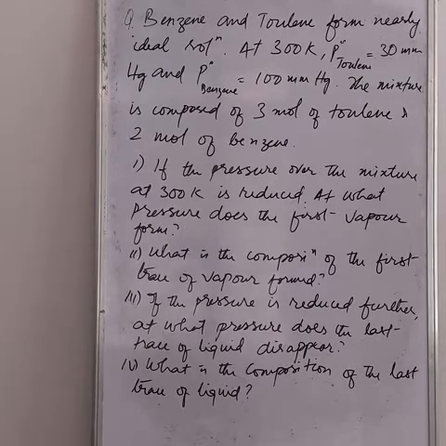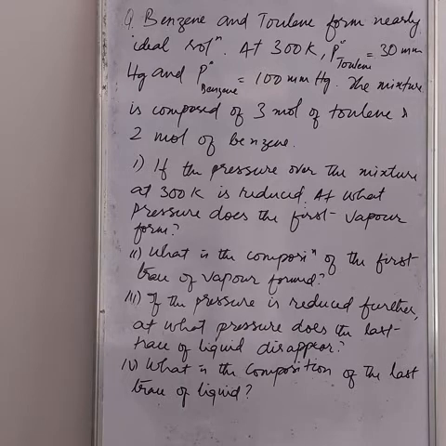Okay, here is a question on a miscible solution. Benzene and toluene are miscible. At 300 Kelvin, the standard pressure of toluene is 30 millimeters of mercury, and the standard partial pressure of benzene is 100 millimeters of mercury. The mixture is composed of 3 moles of toluene and 2 moles of benzene.